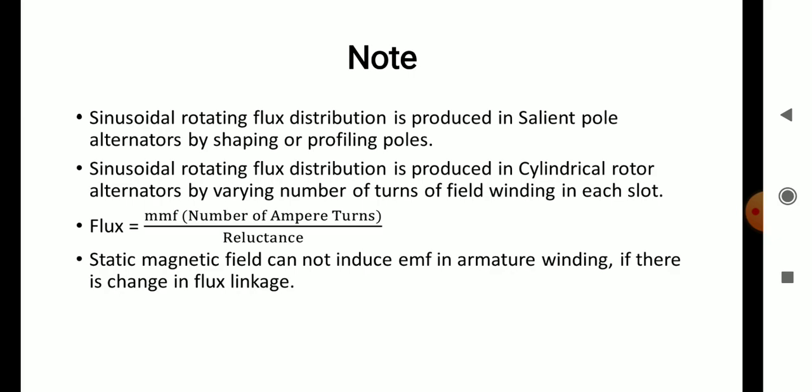So for this reason, it is very important for us to produce a rotating magnetic field, and this rotating magnetic field is produced by rotating the field winding of the alternator. This rotating magnetic field helps in creating a change of flux linkage.